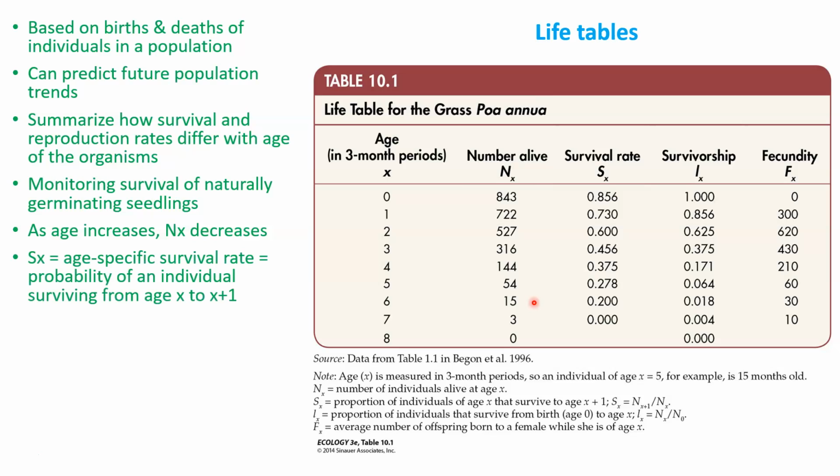Okay, and I will talk about that particular term later. The third column, SX, is survival rate, the age-specific survival rate, right? Each row corresponds to the survival rate of an individual age class. It is the probability of an individual surviving from a particular age class to its subsequent age class, age X to age X plus 1, right?